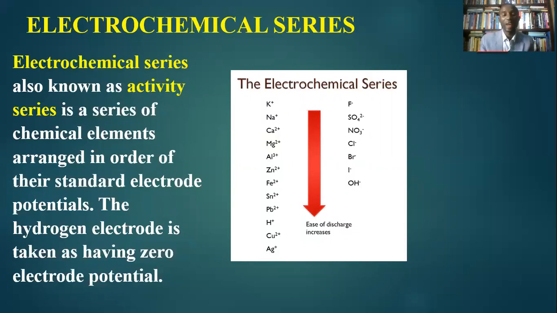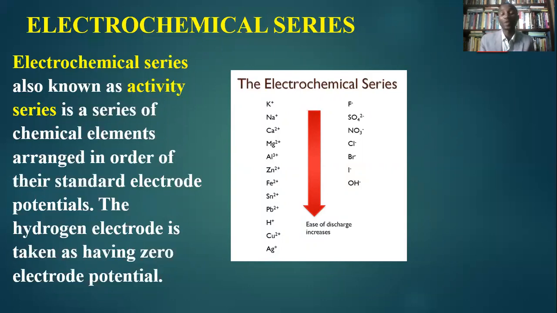As we can see, potassium is at the topmost, at the metallic part of it. Sodium, calcium ion, magnesium ion, aluminum ion, zinc ion, iron 2, tin 2, lead 2, hydrogen ion, copper 2, and silver ion. That is the order of their reactivity.